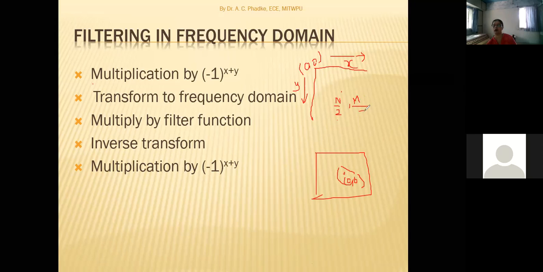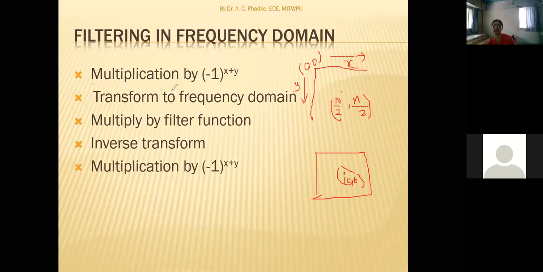In order to perform this operation, we need to multiply each pixel by minus 1 raised to x plus y, because translation in frequency domain, this translation from this position to this position, is equivalent to multiplication by minus 1 raised to x plus y in image space. That's why before applying the transform, we multiply the image by minus 1 raised to x plus y.